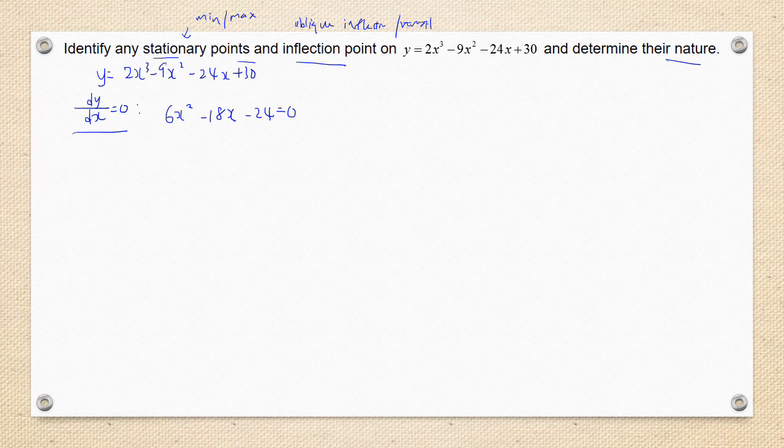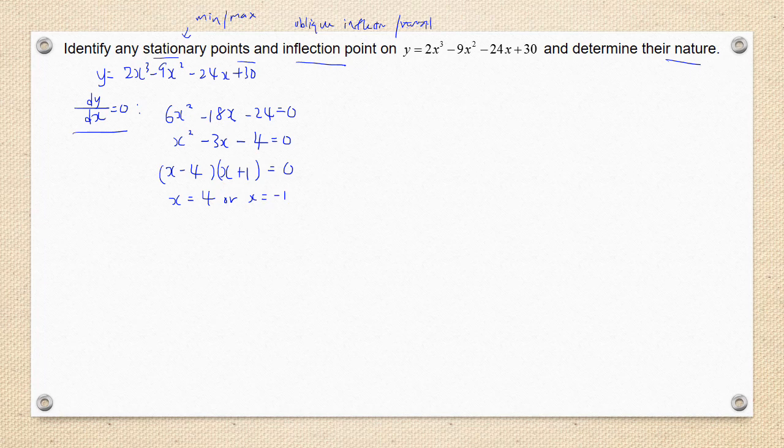Then I can simplify this by factoring out 6, so it will be left with x^2 minus 3x minus 4 equals 0. Then I can factorize this, so you will get (x minus 4)(x plus 1) equals 0. So I got my x values: x equals 4 or x equals -1.